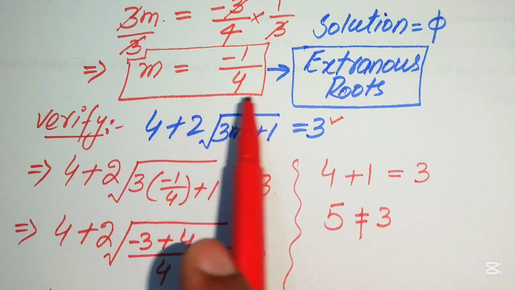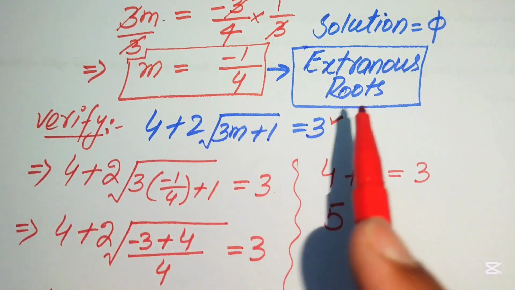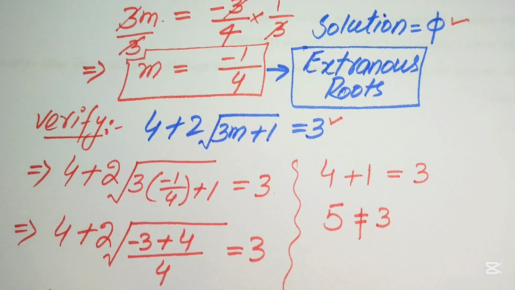So we say that this is the extraneous root, but we cannot have any other root. So we say that the given radical equation has no solution set, or the given radical equation has an empty solution, or the solution is phi.